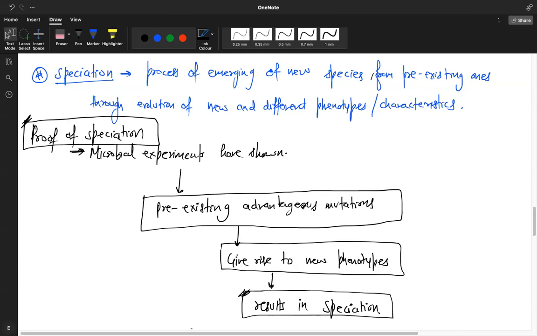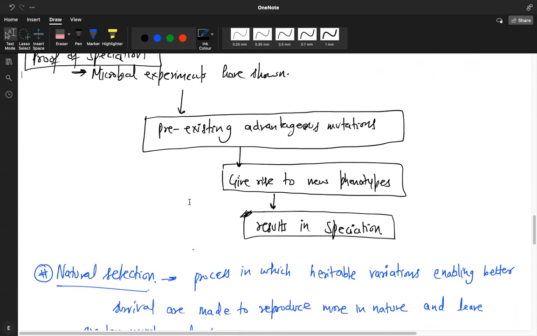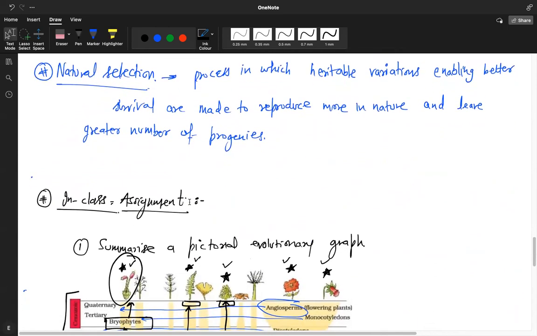Then continue, Miraj. So you understood that microbial experiments have proved speciation, Miraj? Are you there, Miraj? We can start. Can continue with natural selection now.